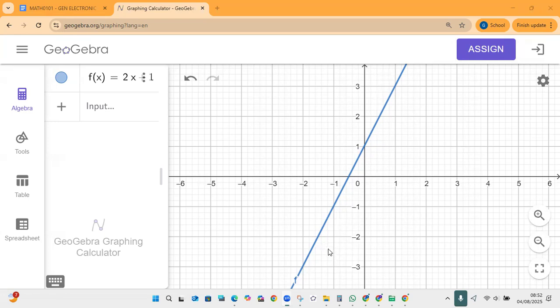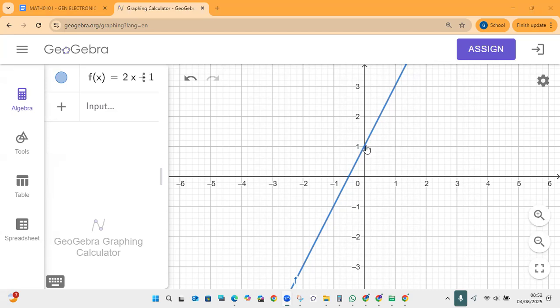But what's the gradient? Let us increase the x solution by 1. So let's see the x solution from 0 to 1. Here we have an increase from 0 to 1.